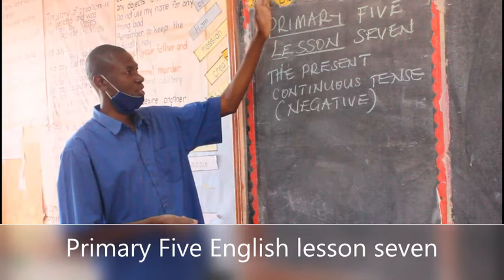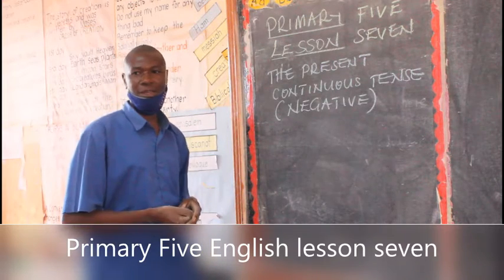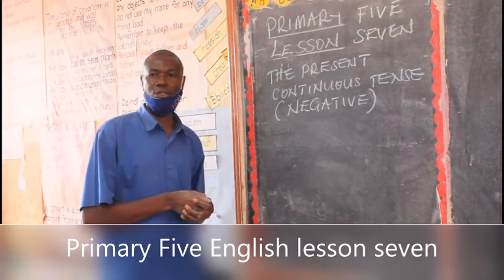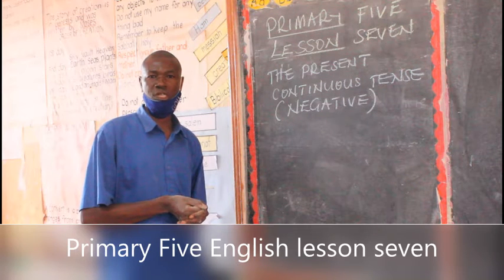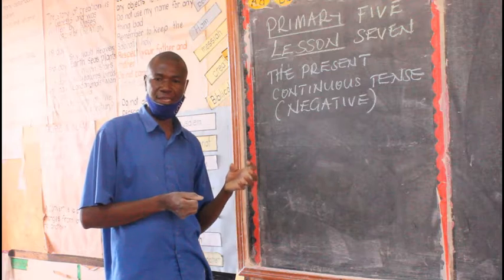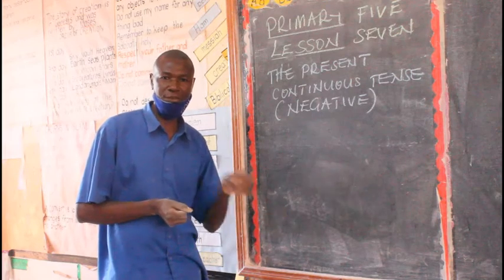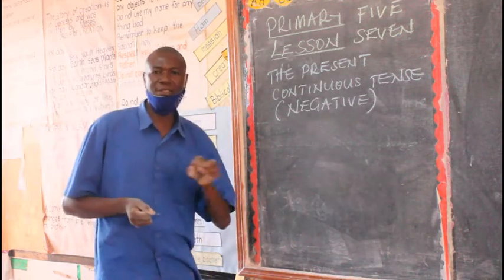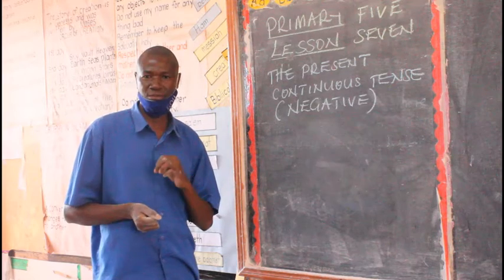Learning as usual. Remember the other time we looked at the present continuous tense. To review briefly, we said it is a tense that describes actions that are taking place at that particular time.